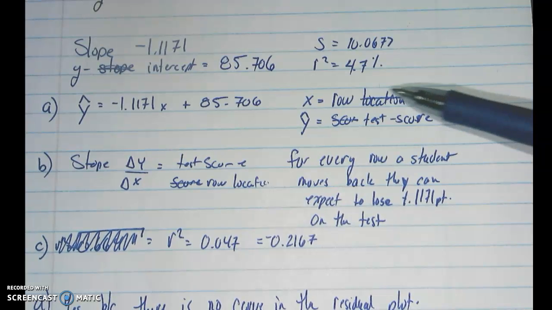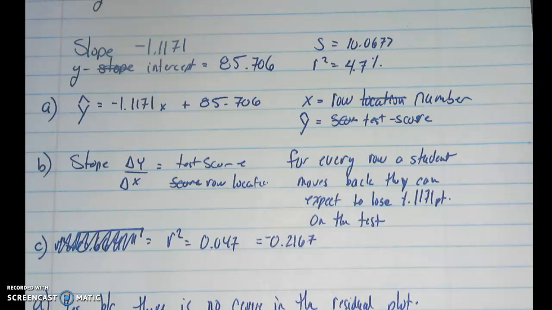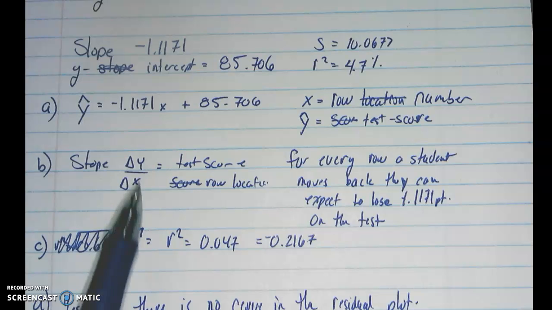I put that x was row numbers and y-hat was the test score, because if you remember, that's what the question was. All the information was given to us talking about row number, and y-hat was the test score. The slope, part B, this is for my benefit. It really helps me personally.